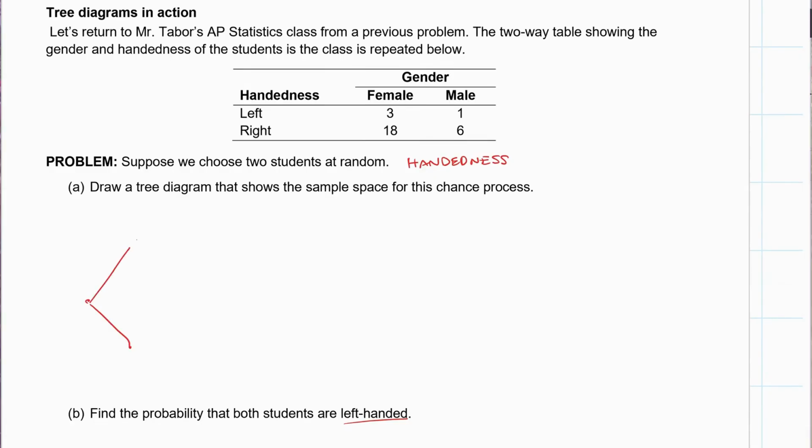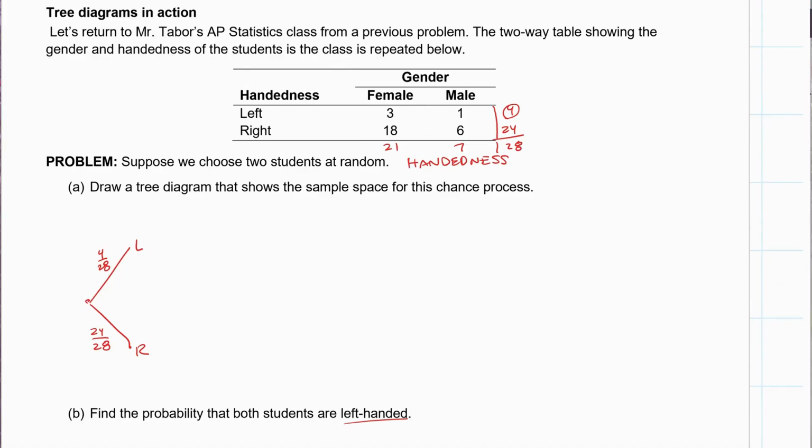Well, they could either be left-handed or right-handed. Now, what's the probability on that first draw? Again, let me put my numbers in here, total of 28. What's the probability that they're left-handed? Well, there are four left-handed students out of the 28, and there are 24 right-handed students out of the 28.